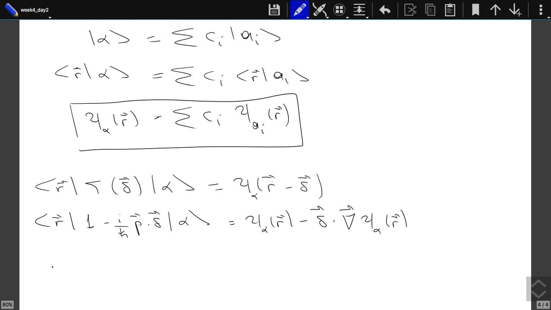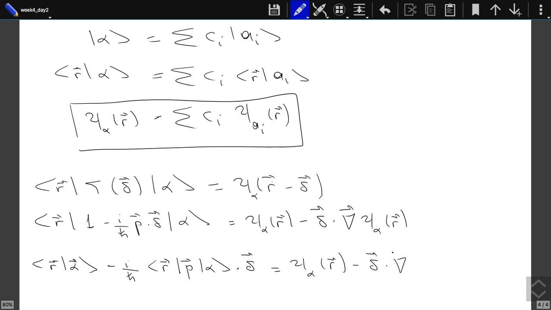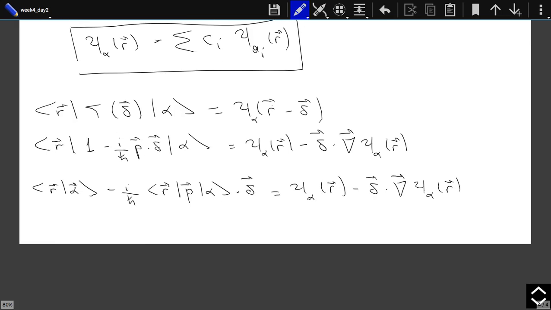Well, let's look at the left-hand side, that is <r|alpha> minus i over h bar <r|p|alpha> multiplied with delta. This should be equal to psi alpha of r minus delta dot the gradient of psi alpha of r. Well, this term is nothing but what we had called psi alpha of r.